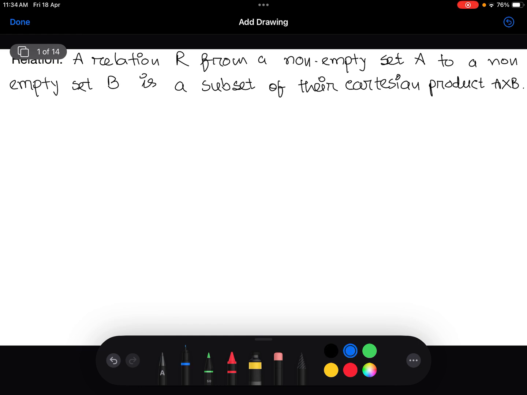Now what is the domain and range of a relation?